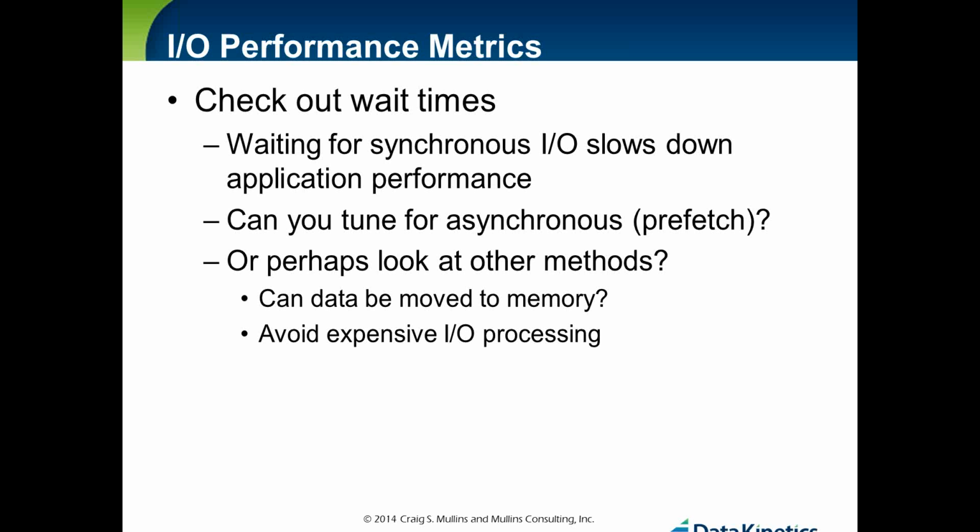When DB2 comes up, if I have a buffer pool configured and a small enough table that it fits all into the buffer pool, I can do a staging read, scan all of it, put it into memory, and it's going to stay there as long as nothing else gets in and moves it around. Or you can look at using something like DataKinetics tableBASE. Anything to reduce the expense of I/O processing can be important if you've got excessive wait times.